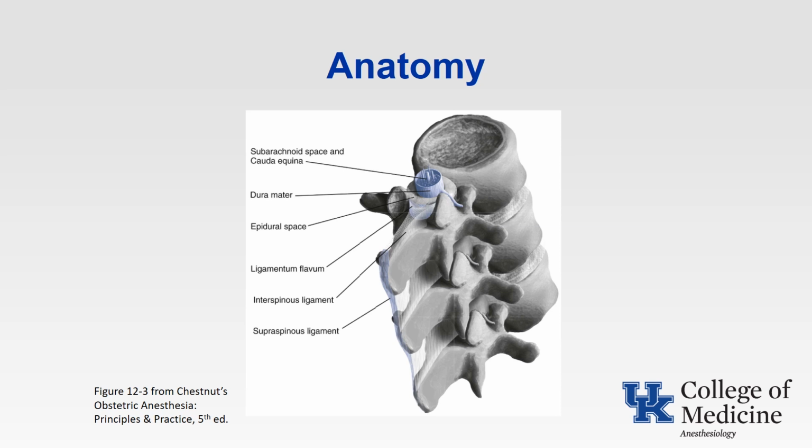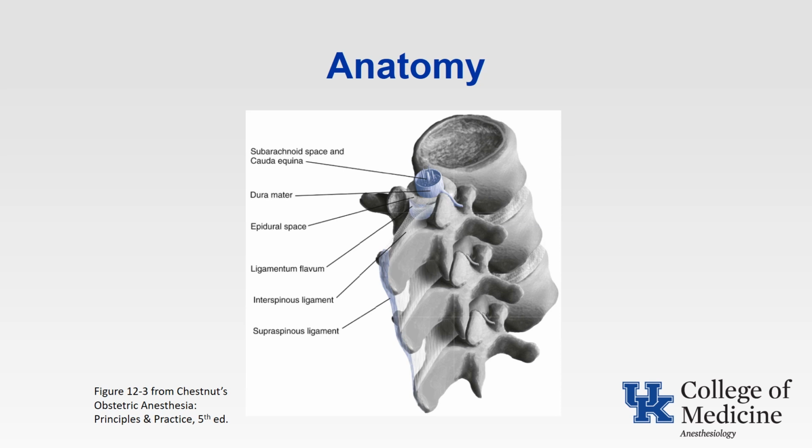Your needle will first identify the supraspinous ligament, as you can see in this picture. As you advance further, you will approach the interspinous ligament, and finally the ligamentum flavum, which is the last structure before your needle will enter into the epidural space.